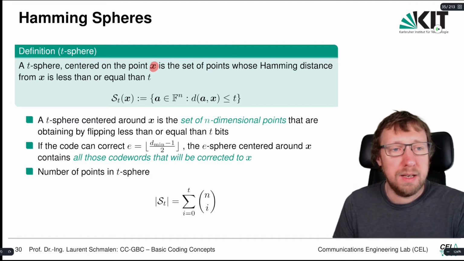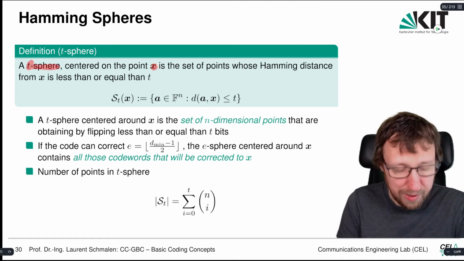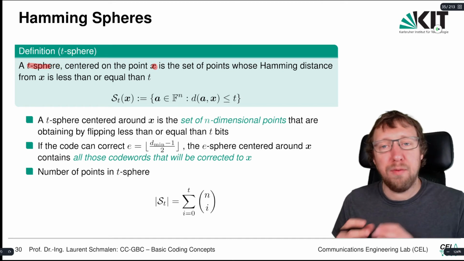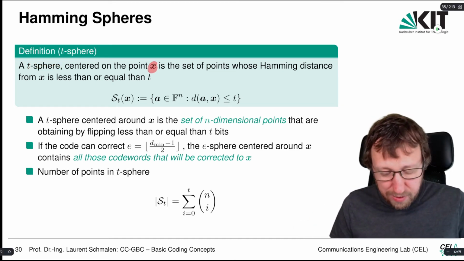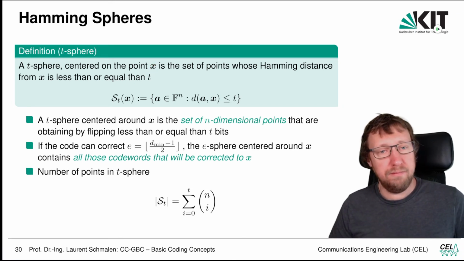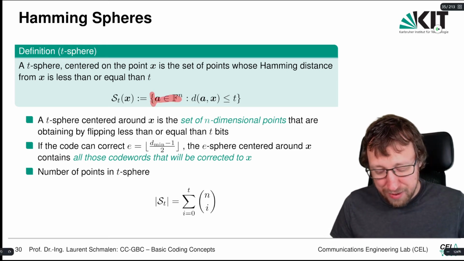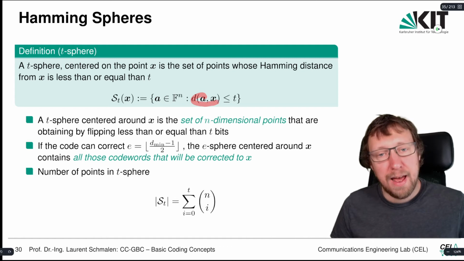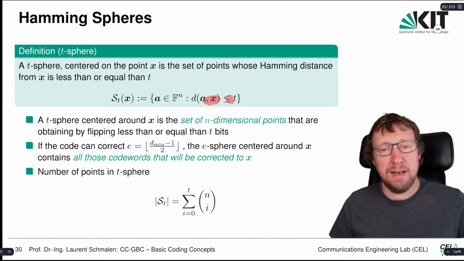The sphere of radius t, which we call a t-sphere, is the set of all points where the Hamming distance to the center of the sphere X is less than or equal to t. Formally, it's the set of all n-dimensional vectors A such that the Hamming distance between A and X is smaller or equal to t.